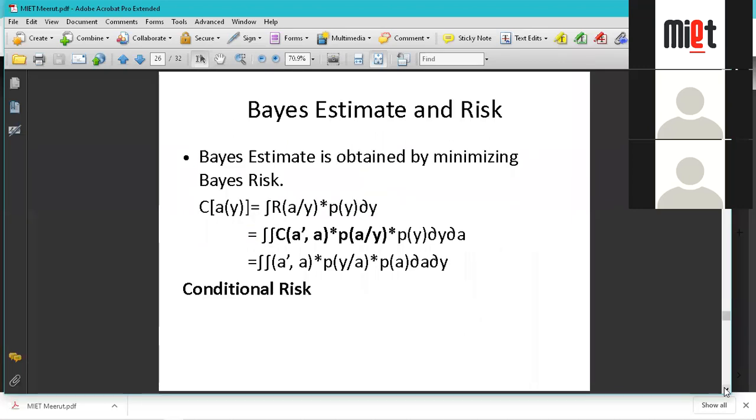So this is how we compute the Bayes estimate and the Bayes risk. The basic concept is the same, only the parameters have changed, right? So you can see it is R of A given Y, C of A dash comma A.